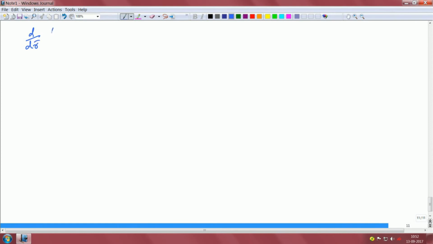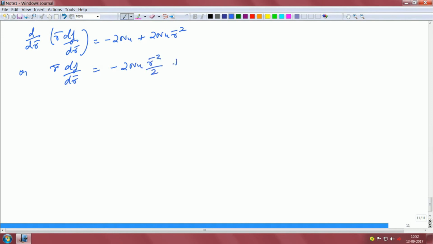dF by dr bar is equal to 0 at r bar equal to 0, right?